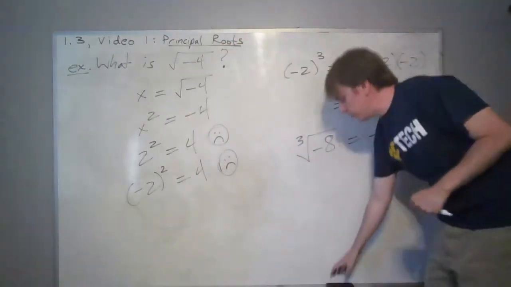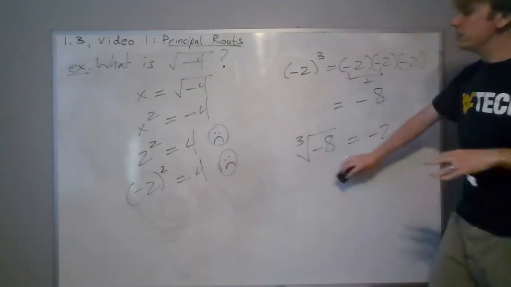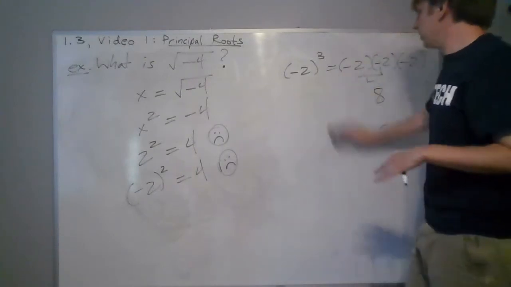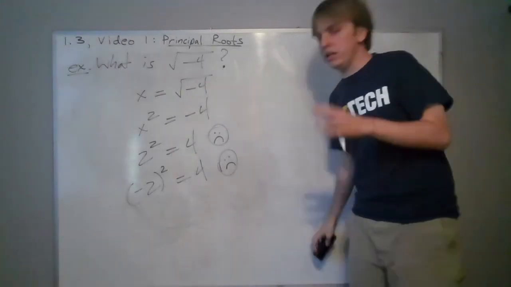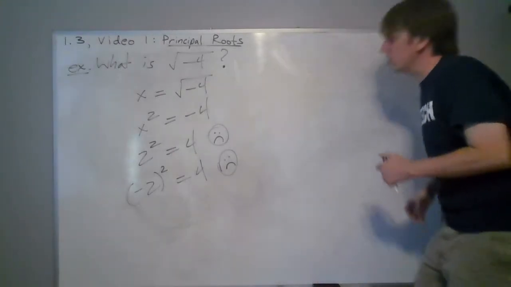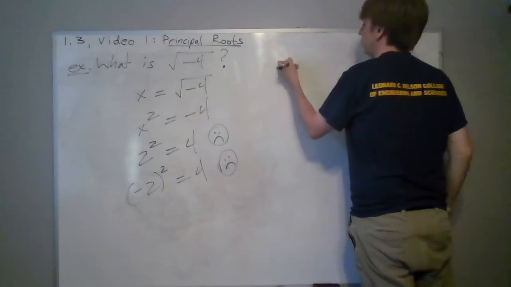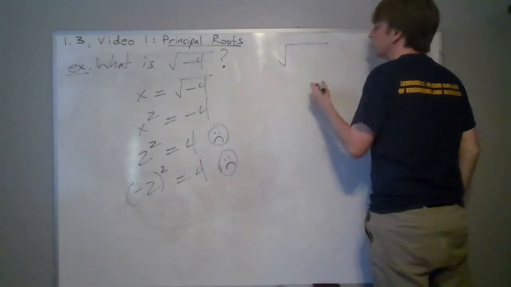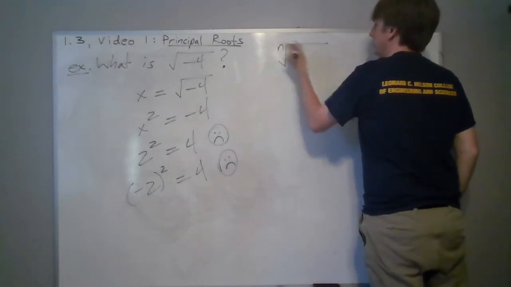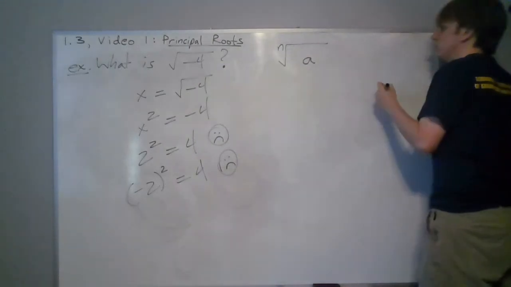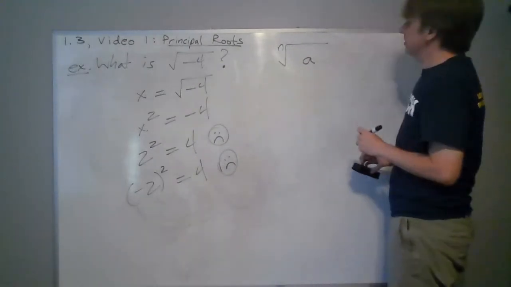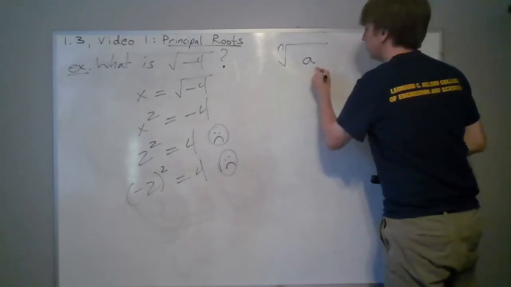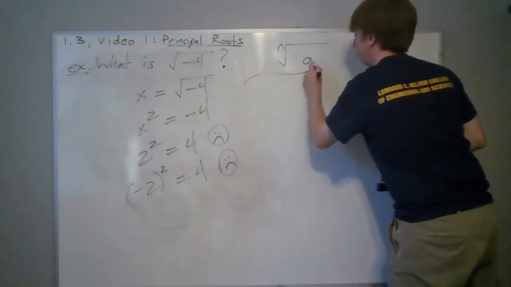Okay, so we have some different things happening for evens and odds and positives and negatives. Let's try and write down the rule so we can figure out the general theme. Let's think about it this way.